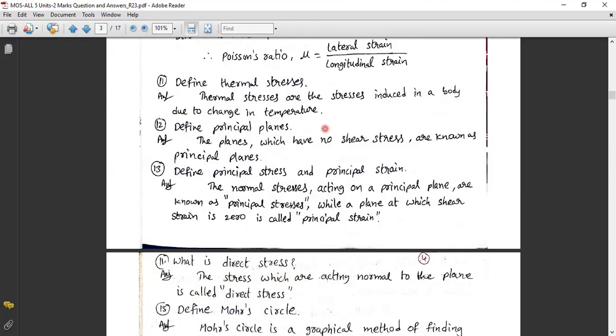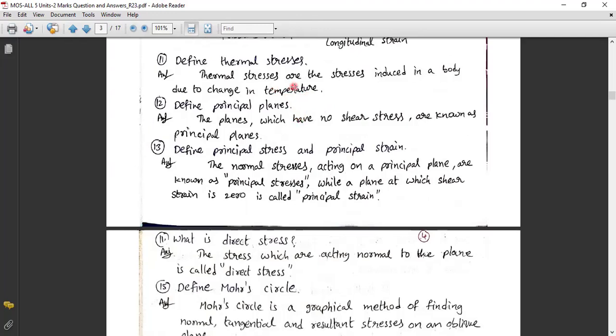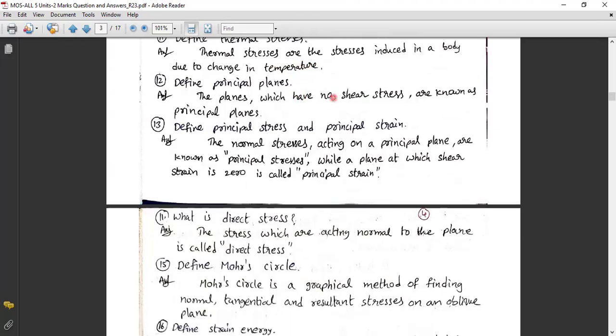In the winter season, you can see they are very tight. This is the best example of thermal stresses I can give. If you are applying thermal stresses to any body, whether it is free to expand or not is the main case here. If it is free to expand, no problem. If it is not freely expanded, then you have to take the constant and the formula for that.